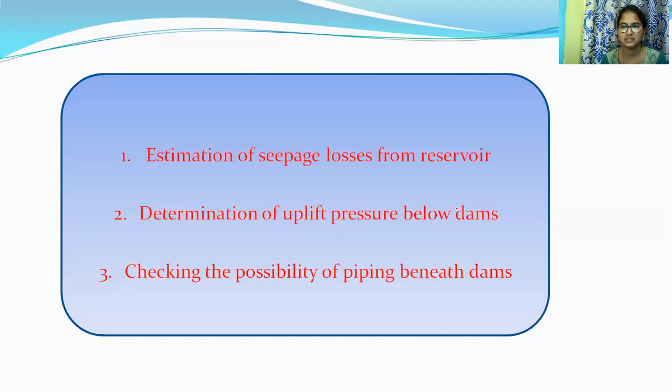Now we can discuss the uses of flow nets one by one. The graphical properties of flow nets can be used to obtain solutions for many seepage problems. The first is estimation of seepage loss from reservoirs.